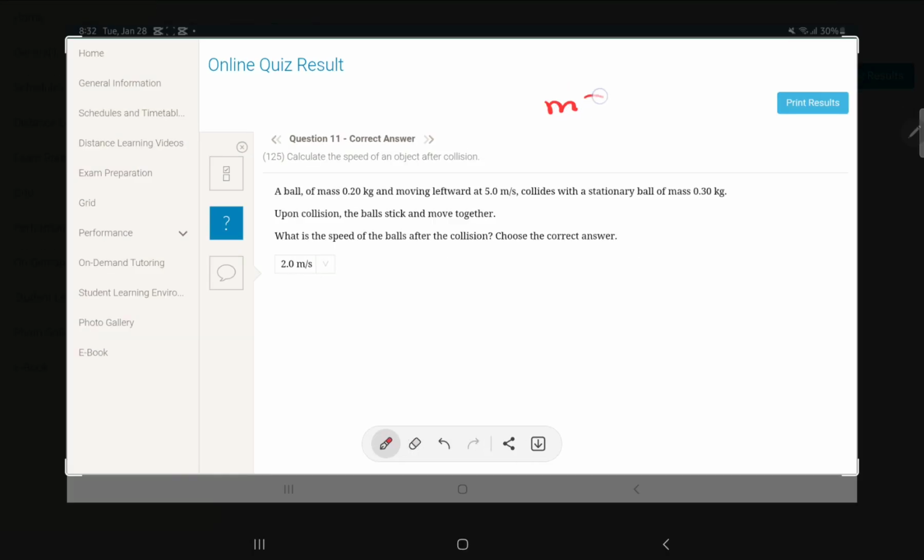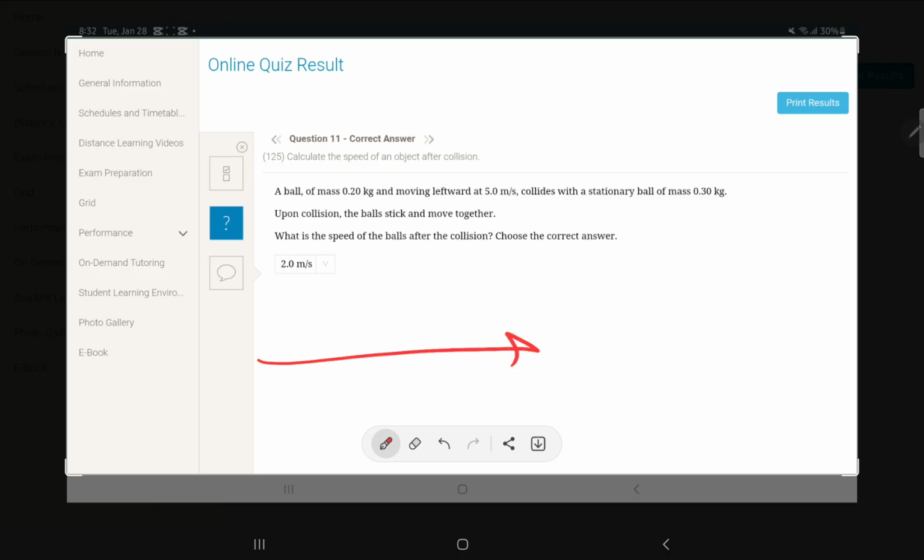Okay, we have mass, we have velocity. No, they want velocity. Okay, they want it before and after. Before and after, we use the rule m1u1 plus m2u2 is equal to m1v1 plus m2v2. So, actually, let's imagine it.